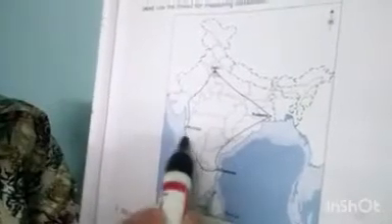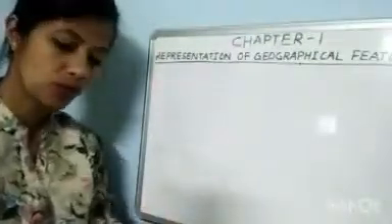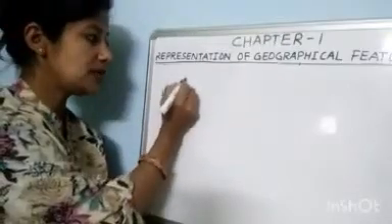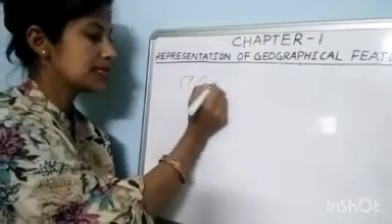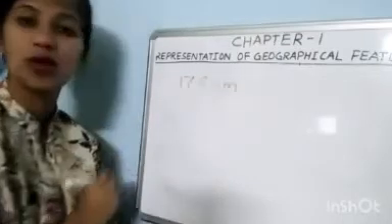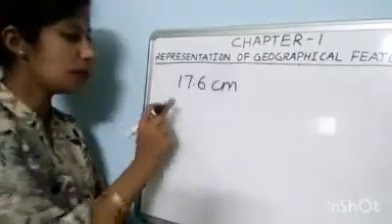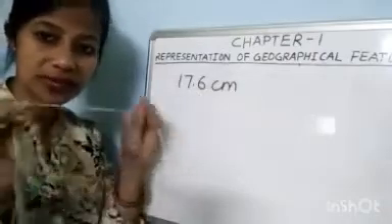The distance from Delhi to Kolkata, Kolkata to Chennai, Chennai to Mumbai, and back to Delhi, we measured, what was the distance, 17.6 centimeter on map. 17.6 centimeter we measured with the help of this thread.